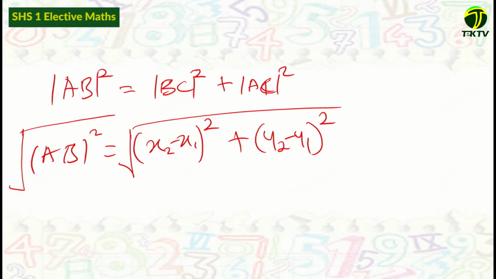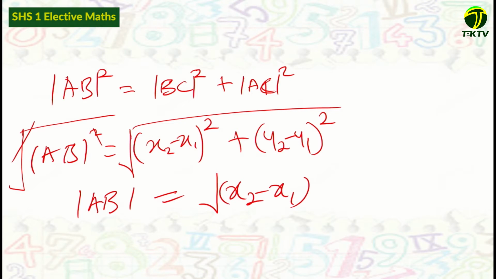Then the square of the AB will take out the square root. You know that every square root is the same as exponent half. So it will multiply the two and they will cancel out, leaving distance AB to always be equal to the square root of x2 minus x1 all squared plus y2 minus y1 all squared.